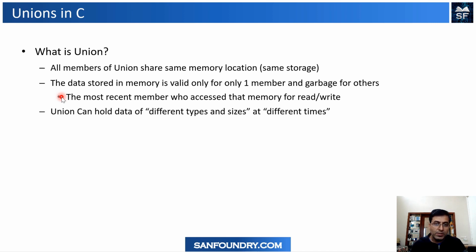If other members access that memory location, it is meaningless, like garbage, for them. The member operating on that memory location, either reading or writing, is the only one for whom it is meaningful. The most recent member to access that memory for a read or write operation is the one for which it is valid; for the rest it is invalid.